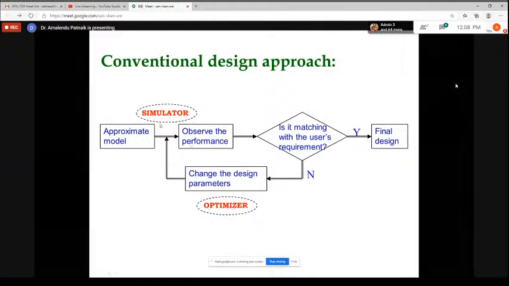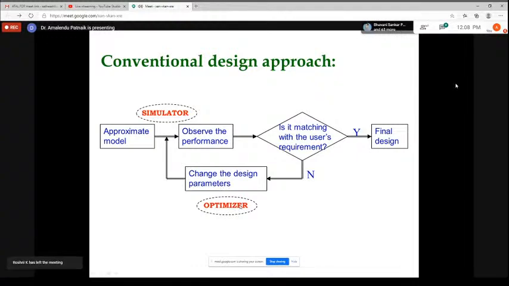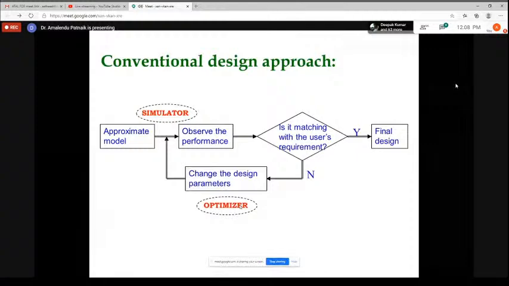So here the requirement of a simulator is there. Here at this stage, the requirement of an optimizer is there, right? Now the roles of these two places can be replaced by a suitable meta-heuristic technique.